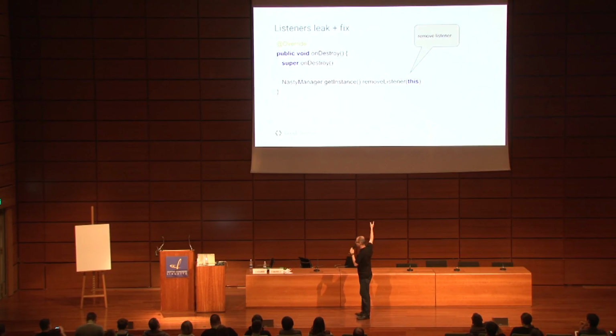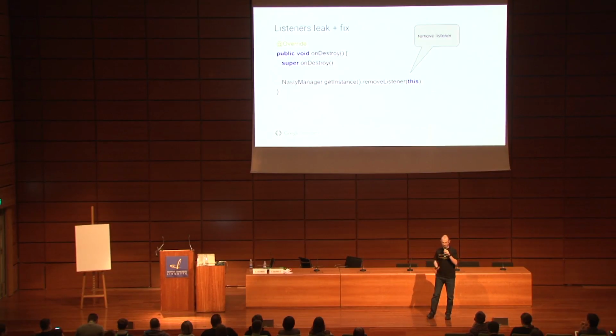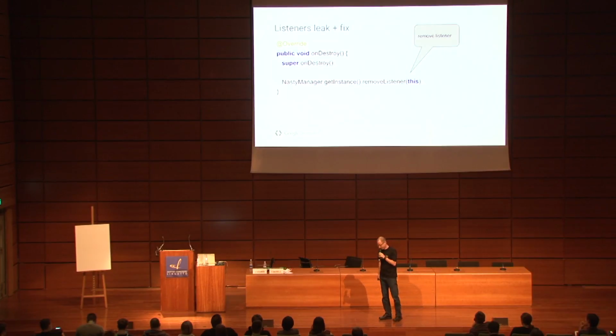Because the NestyManager is alive, and most likely is going to be alive during the whole application run, it will hold a reference to the activity. And as we agreed three slides before, an activity is a huge, huge object.